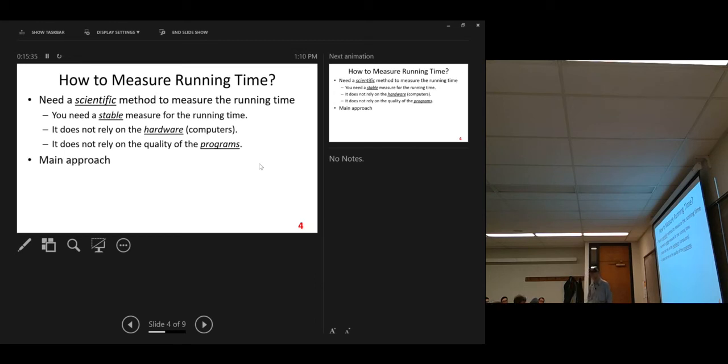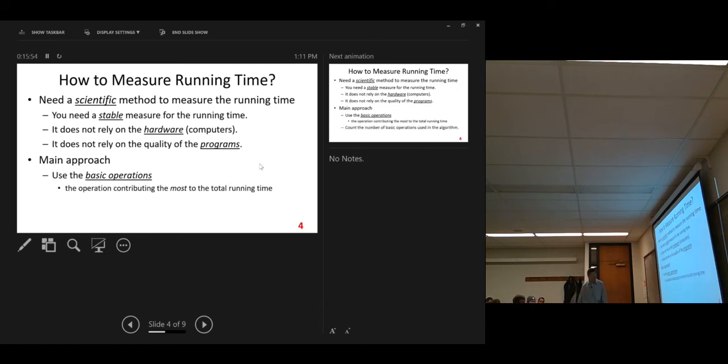All right. The main approach we use: basic operations. So we define this concept. What is the basic operation? The meaning is the operation contributing the most to the total running time.